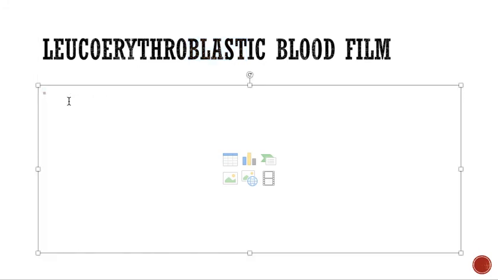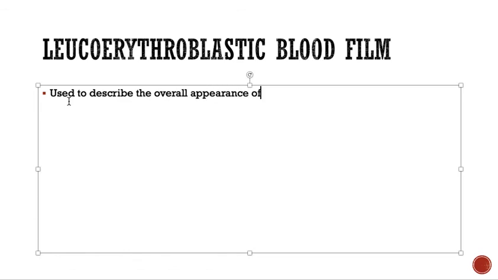This is a term used to describe the overall appearance of a blood film. There are immature RBCs and WBCs.